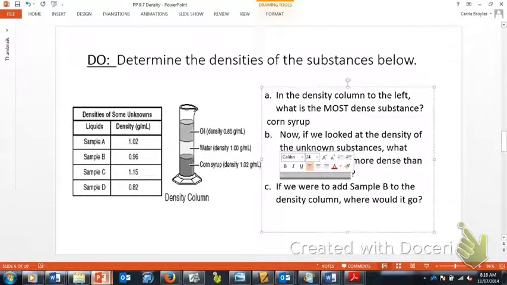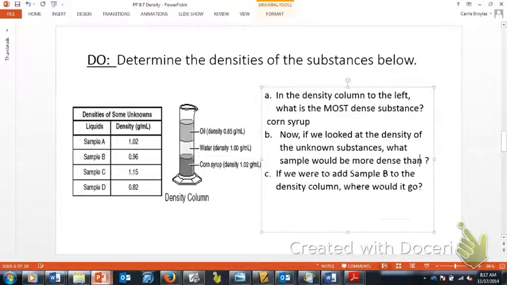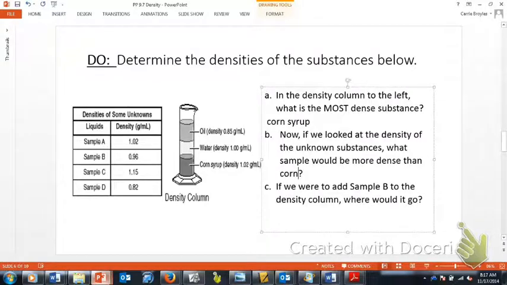Okay, now for letter B, it says now if we looked at the density of the unknown substances, so we're looking at the chart over there to the left where it says densities of some unknowns, we're looking at what sample would be more dense than the corn syrup itself. So write in that line, corn syrup.